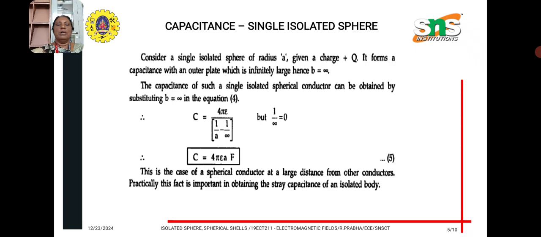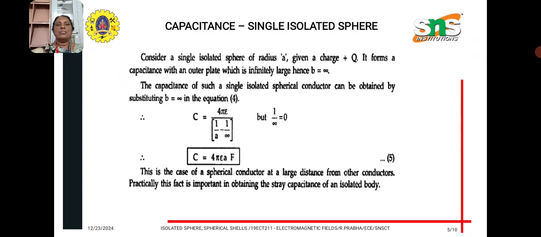So now we are going to calculate the capacitance of a single isolated sphere. So now consider a single isolated sphere of radius a given with charge plus Q. It forms a capacitance with an outer plate which is infinitely large, hence b is taken as infinity.